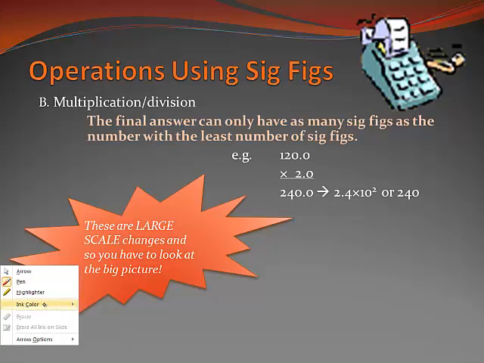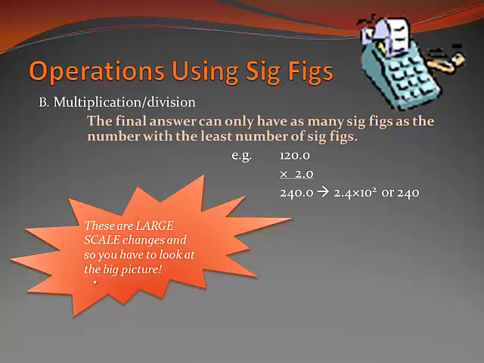When I consider 120.0 times 2.0, I get, if I did longhand division, 240.0. 120.0 has 4 sig figs, because the 0 at the end is an extra effort 0, which makes the one before it a trapped 0. 2.0 has 2 sig figs, because again, that 0 is an extra effort 0, one I didn't have to write, but I did to show I'd put in extra care in my measurement. Which of those is less? Well, 2, so I can only have 2 sig figs in my answer.